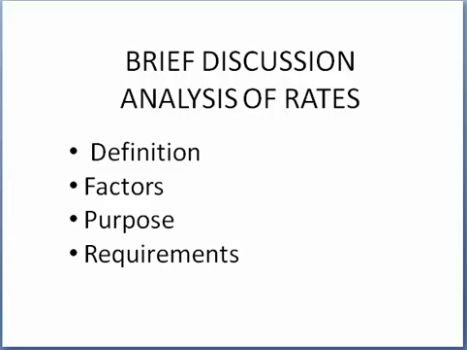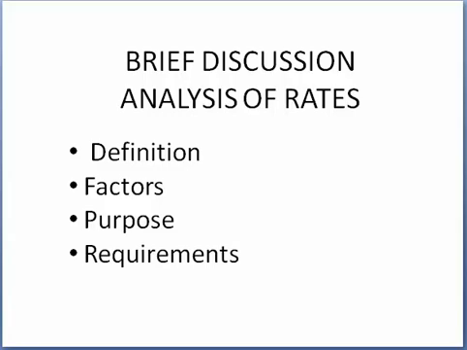Now, what are the factors on which the analysis of rates depends? It includes the material required, in how much quantity the material is required, and the cost of material. Then the quantity of labor required, the type of labor required, and at what cost that particular labor is available.